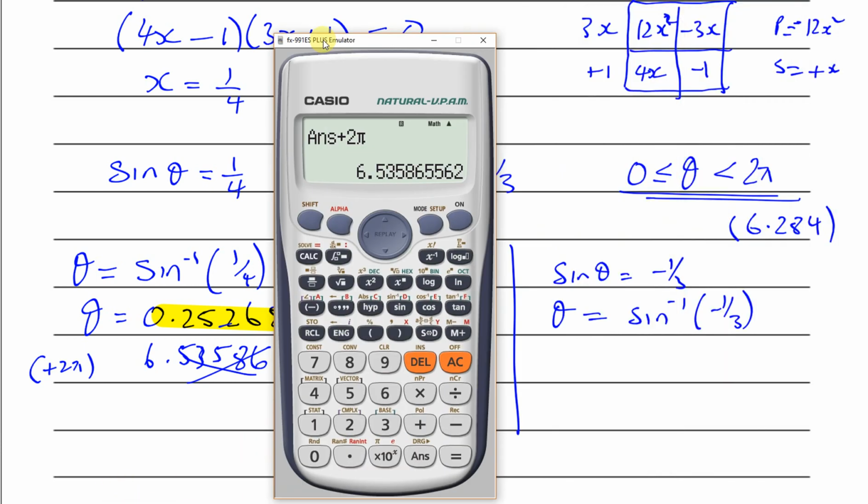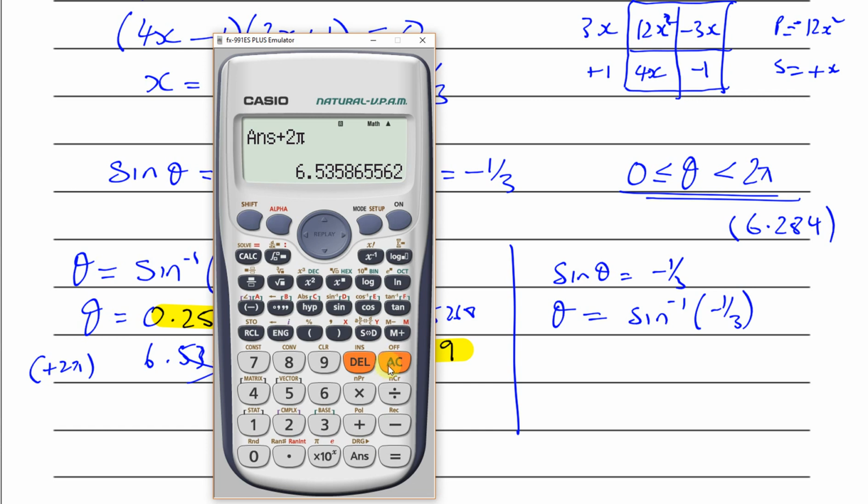So I'm going to press shift sine of minus 1/3, and it's going to give me an angle which is negative, and the other angle we want is going to be obtuse, more than 90 degrees. So this gives us the closest angle to 0, which is minus 0.3398.